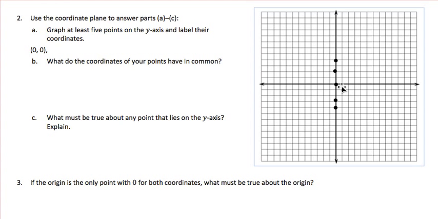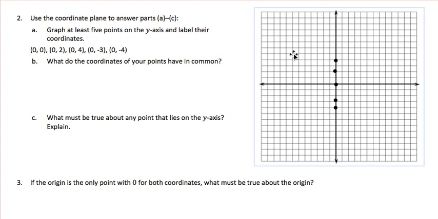And we have, now we're not going back and forth at all, so 0, 2. And then another one up above it at 0, 4. And then continuing down, we have one at 0, negative 3. And another at 0, negative 4.